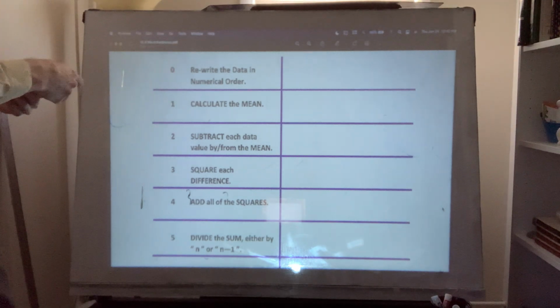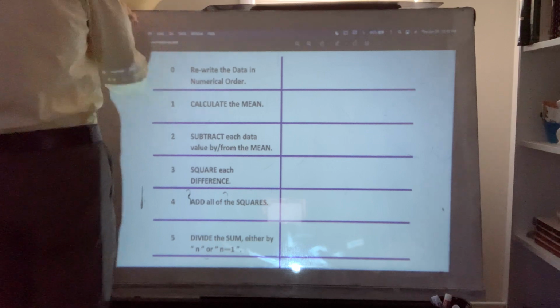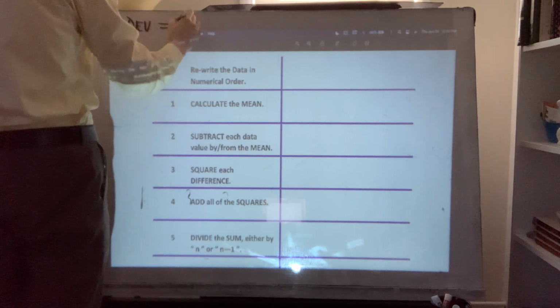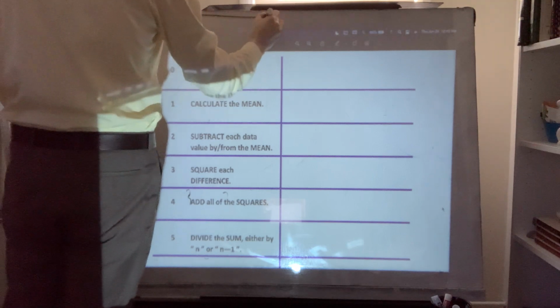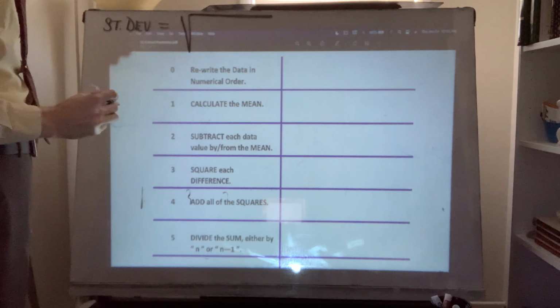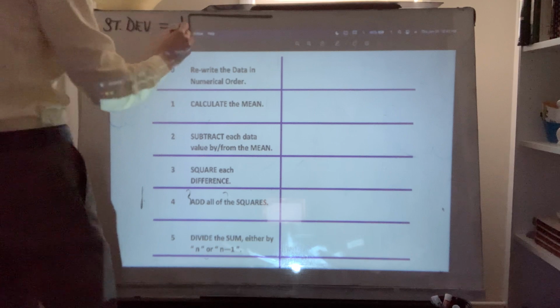If this is the standard deviation formula, I'm just going to abbreviate it STDEV. It's the square root of the averages, but broken up like so.